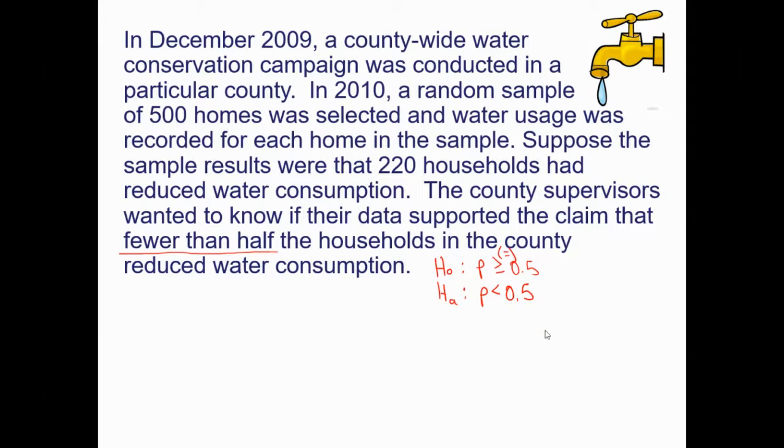And what is p? What's p equal to? Or what does p stand for? The true proportion of households that reduce consumption.